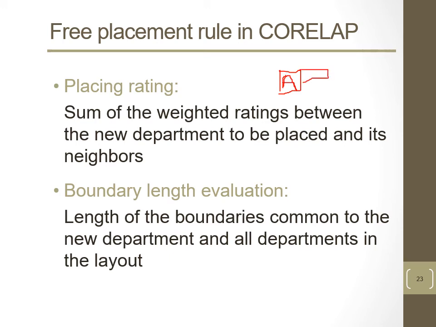And then you also place department B like this. And now you are going to place department C. If we place department C, depending on its size of course, like this, you see C is a neighbor of A, and also a neighbor of B. Then the placing rating of C at this position is, since it is a neighbor of both A and B, you take the relation between A and C, for example an especially important relation, and let's assume there's an ordinary important relation between B and C. You take these two, E and O, and calculate the sum of their weights.